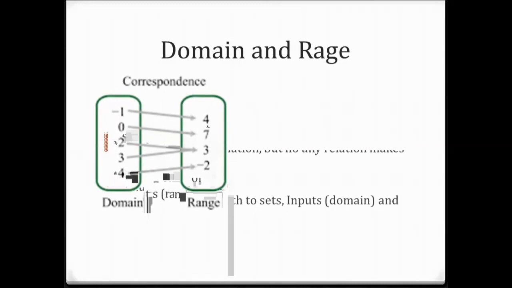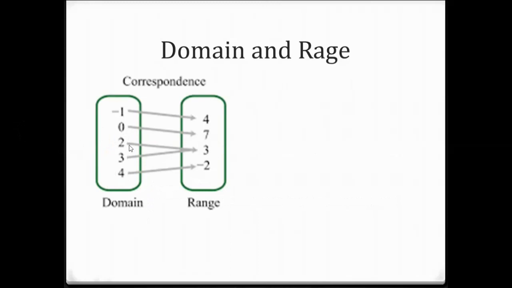When you create a correspondence or a relation, you will have the relation of sets. Of course, this relation we have in here, -1, 0, 2, 3, 4, makes a function. The problem is when, for example, the 2 is related with two values, it breaks apart the idea of a function.